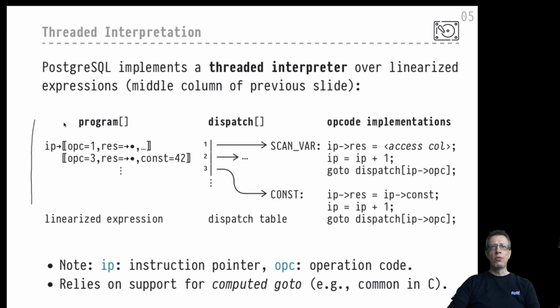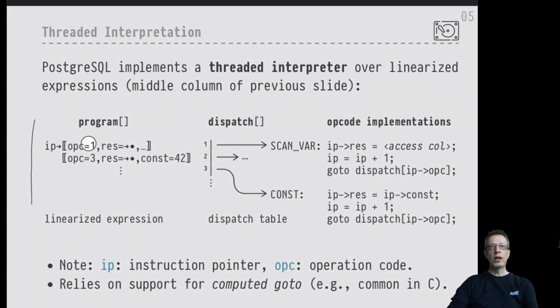All right. The current instruction to be performed would be pointed at by this pointer IP here, which is an abbreviation for instruction pointer. And of course, we expect the instruction pointer to walk down this program array as the program executes. But this would be the current instruction that we are looking at and that we would try to evaluate now.